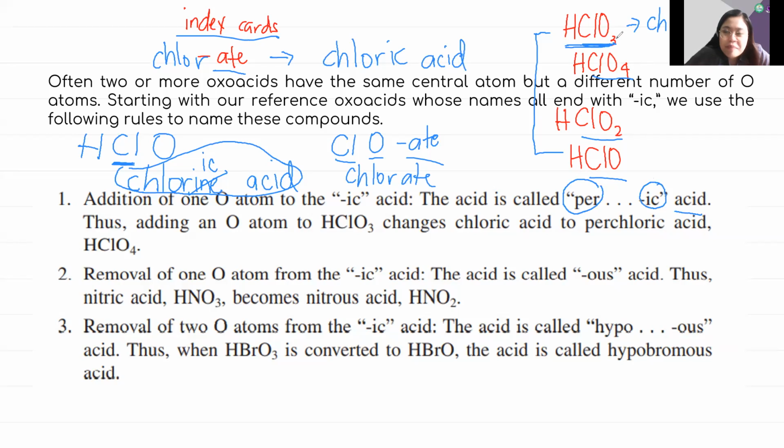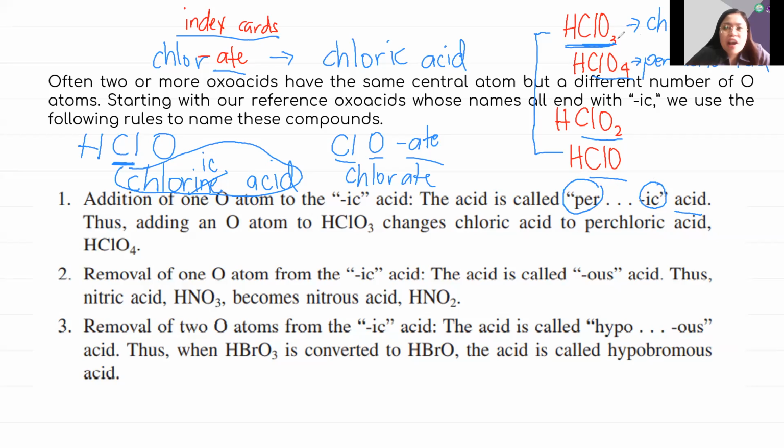So ito, from 3, nadagdagan ng 1. So this will now be called per, and then chloric and then acid. So that's perchloric acid. Yan yung rule natin.